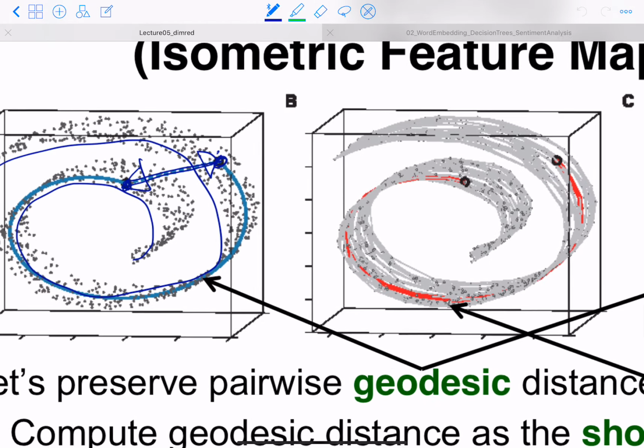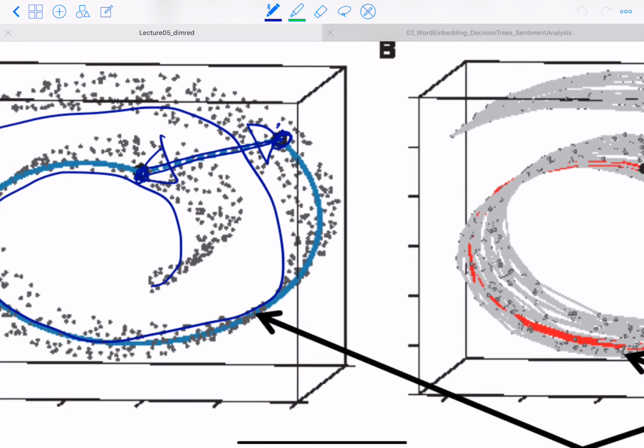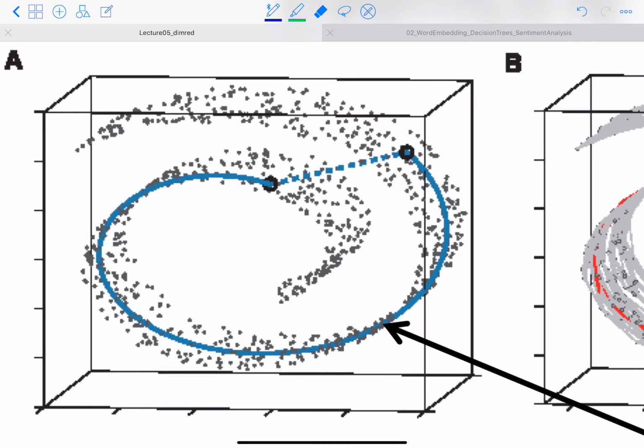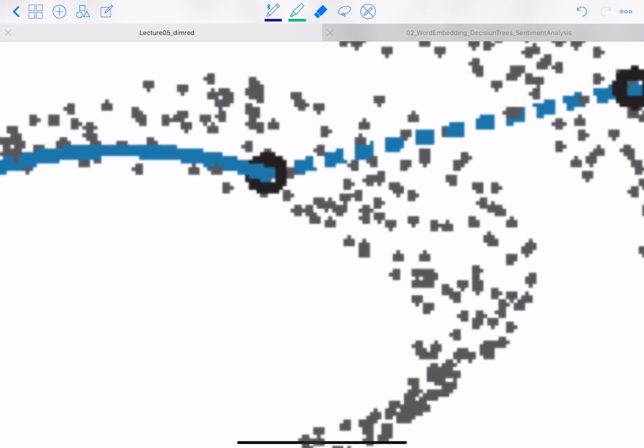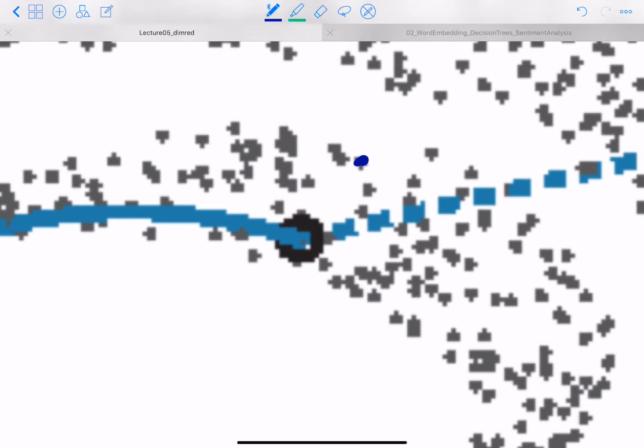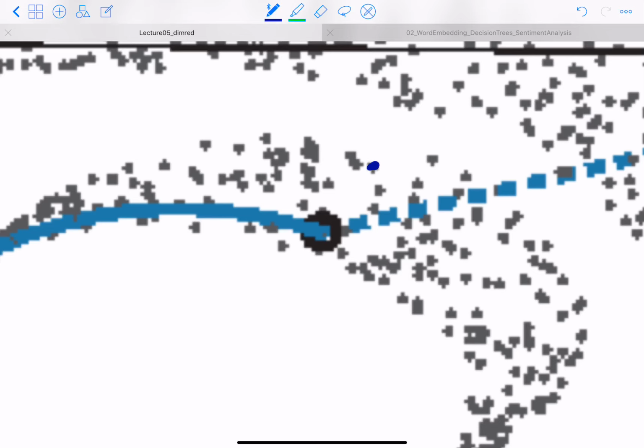So here, given this pixel space, let's form the k-nearest neighbor graph, which means that based on their plain, original Euclidean distances in this pixel space, let's connect this point with its k nearest neighbors.